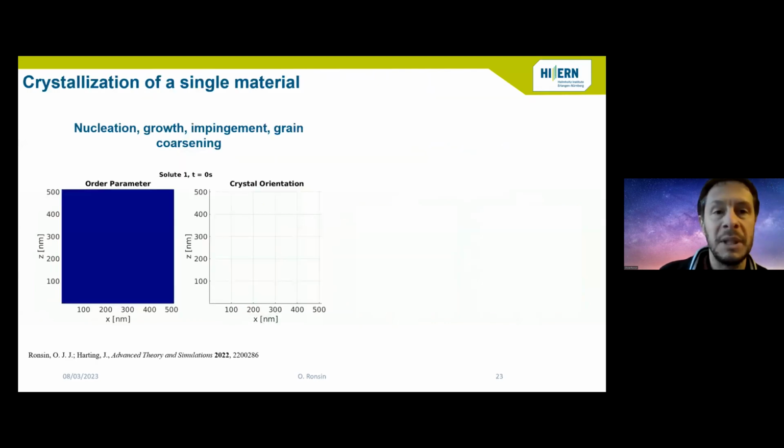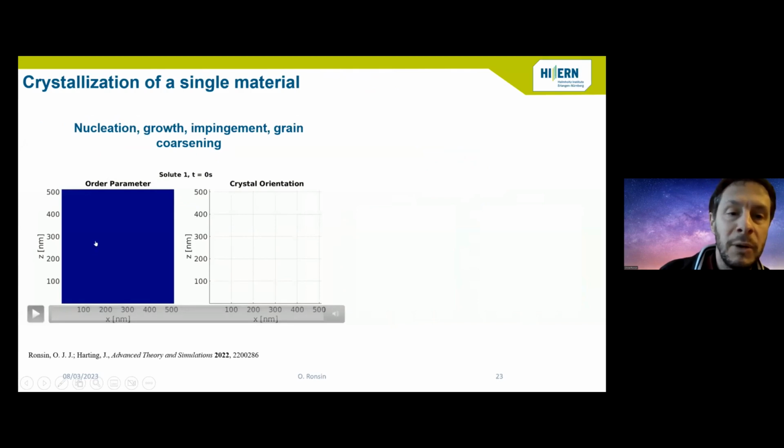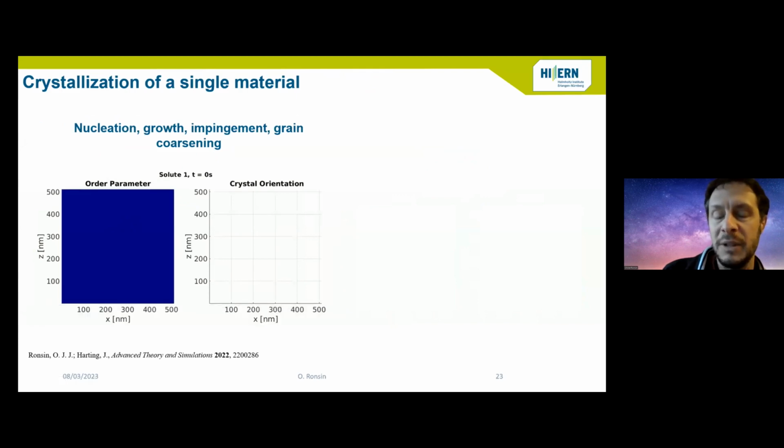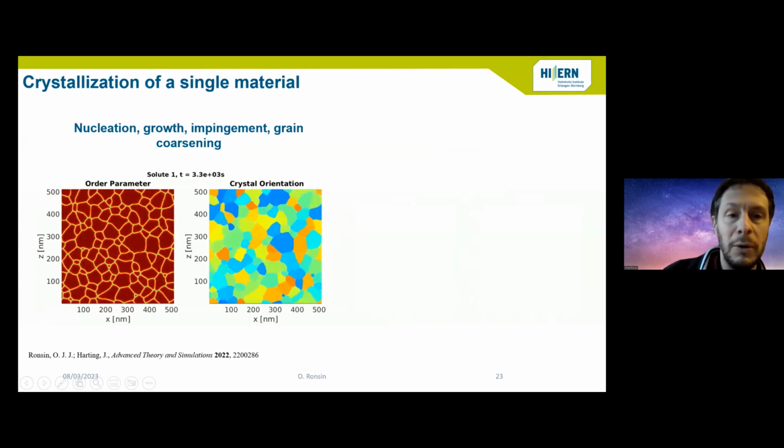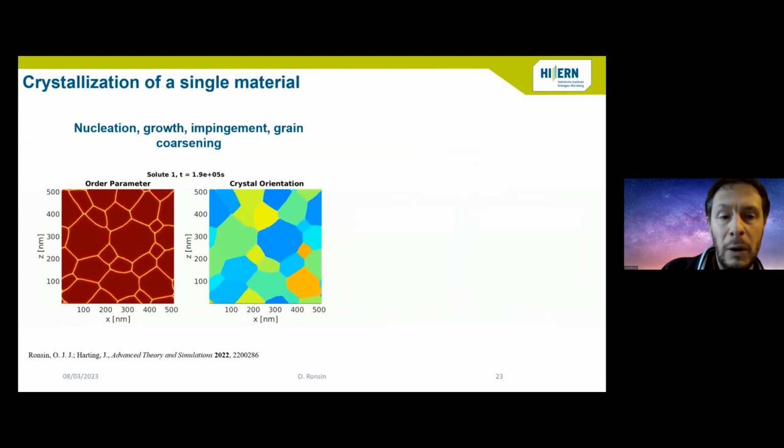Now let's turn to crystallization. And here again, in the simplest case, in the single material, here in the simulation you will see the order parameter on the left. Blue means amorphous, and you will see red appearing, which means crystalline. And on the right, you have a field which tracks the orientation of the single crystallites. There are thermal fluctuations in the systems, which allow the nuclei to appear, and then they grow, they impinge.